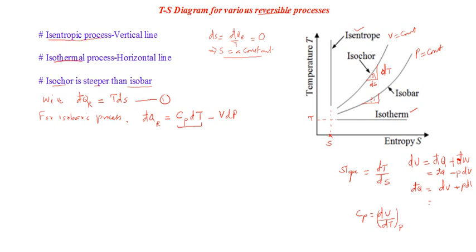So now this equation is there. I'm writing for isobaric process, what will this equation become? This is the first law of thermodynamics. This dP will be equal to 0. So I can write directly for isobaric process, d bar qr will be equal to simply the first term remaining, that is Cp dt.